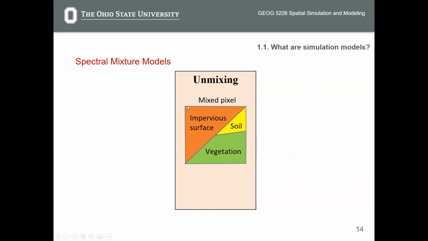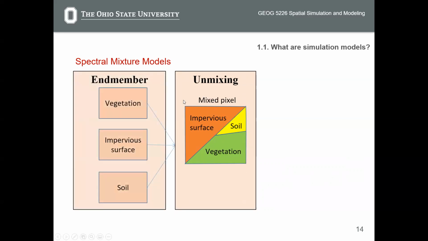Let's just assume this pixel covers a 30-meter by 30-meter real world area. There is impervious surface, there is soil, there is vegetation. So here we know the output. This is the result, right? We have 3 end members, or we say we have 3 land cover types: vegetation, impervious surface, and soil. The question is, what's the abundance of them?